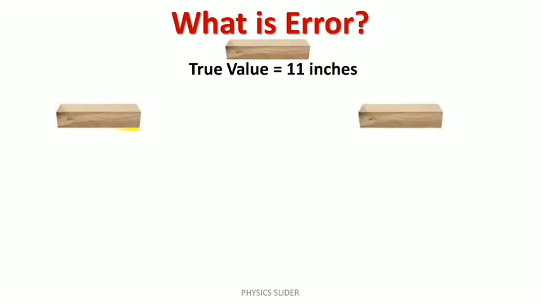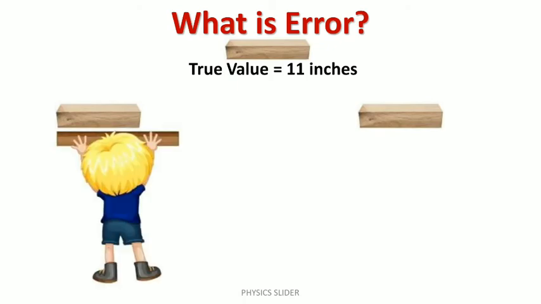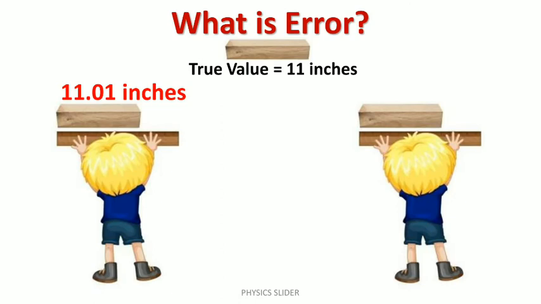The first student measures it with the help of a ruler and tells that the measurement is 11.01 inches. Now the second student measures the length of the wooden bar and tells that the measured value is 10.99 inches.